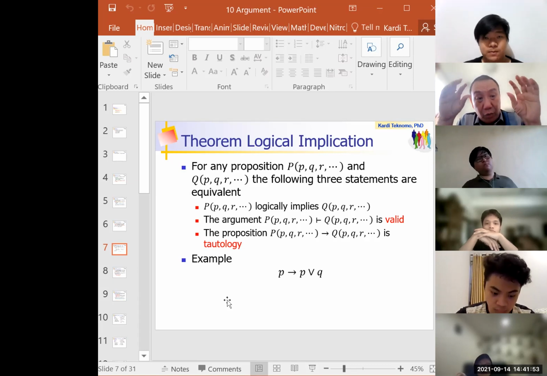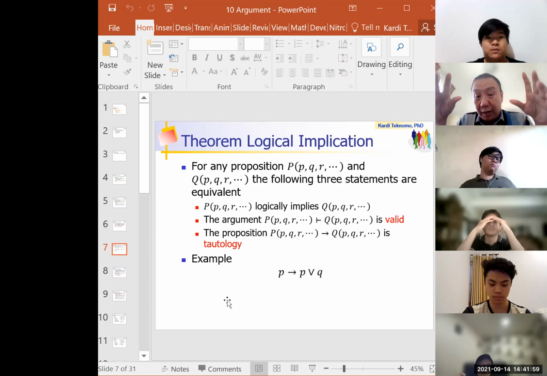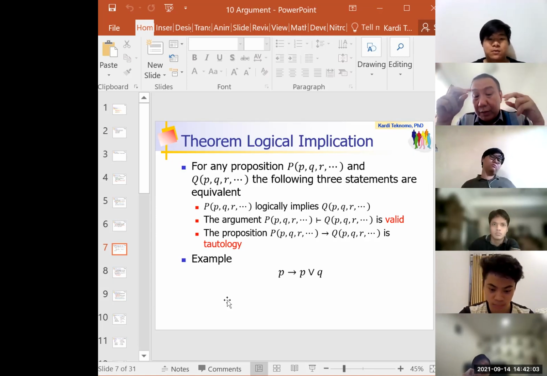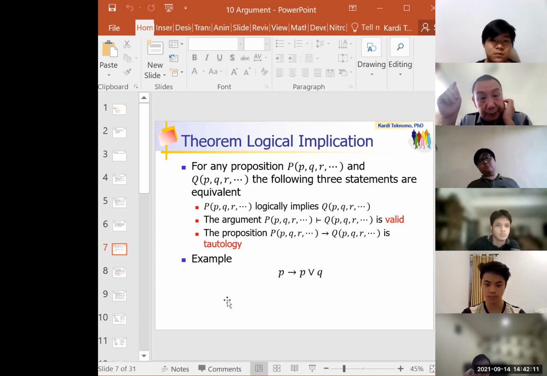Now, you have two propositions, capital P, capital Q. Each of these propositions will have the small variables, which are the same: small p, small q, small r, and so on. So the following three statements are equivalent.